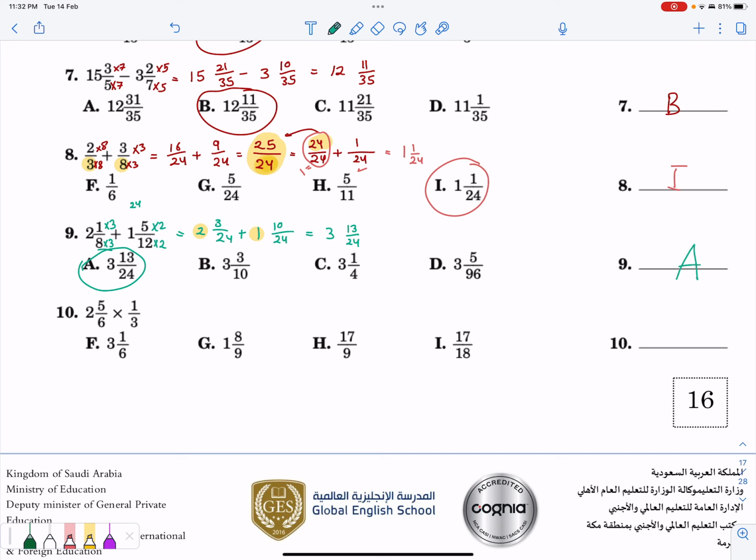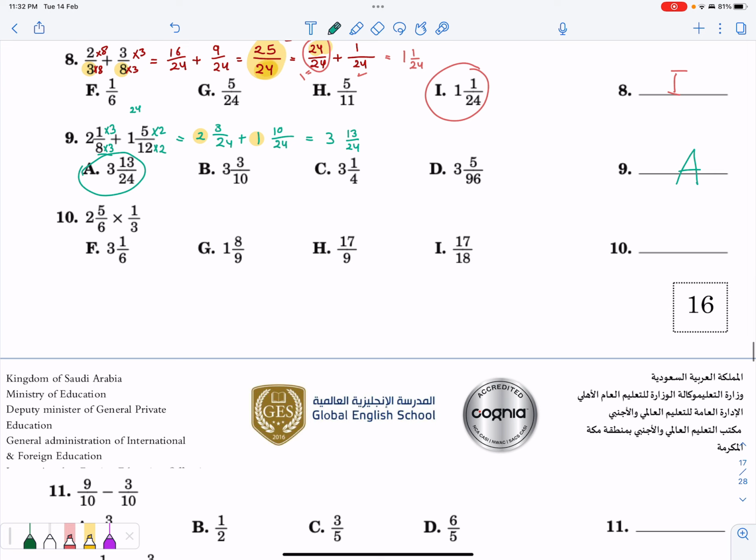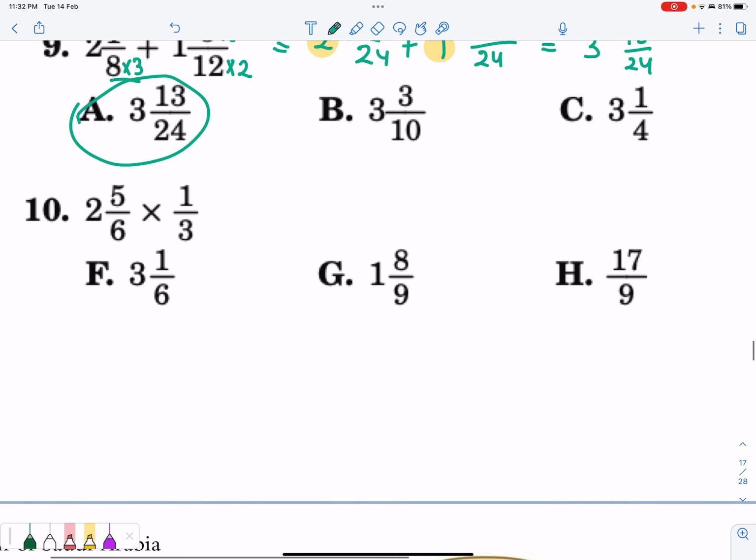Okay, then question 10. Here we need to multiply these two fractions. To multiply fractions, we need first to make that mixed number a regular fraction, then we multiply. So let's multiply. 2 times 6, 12. 12 plus the numerator 5, we will get 17. 17 over 6 multiplied by 1 over 3.